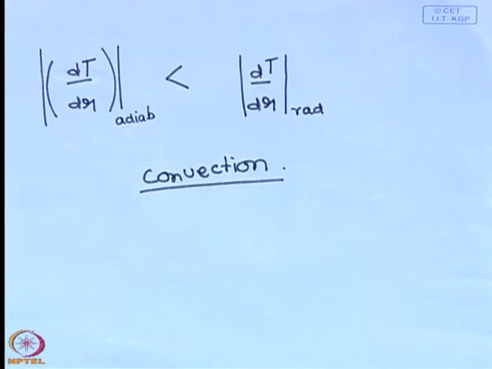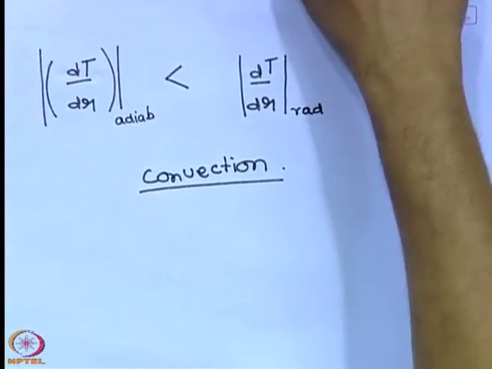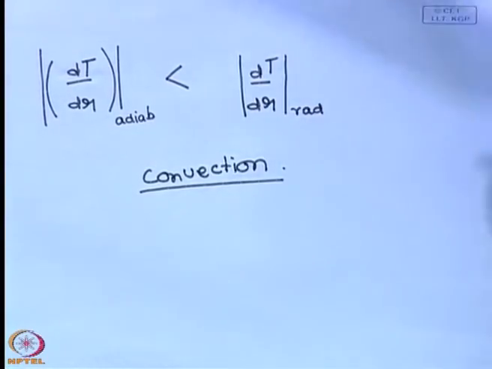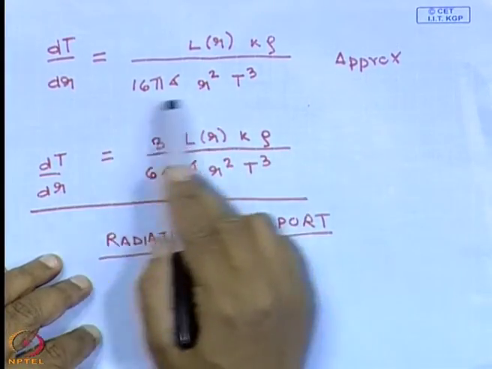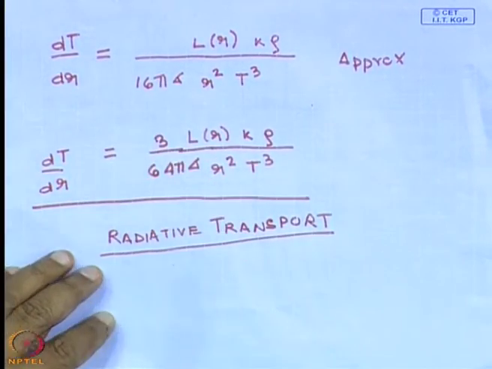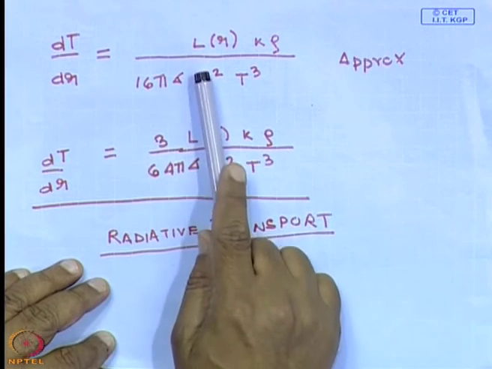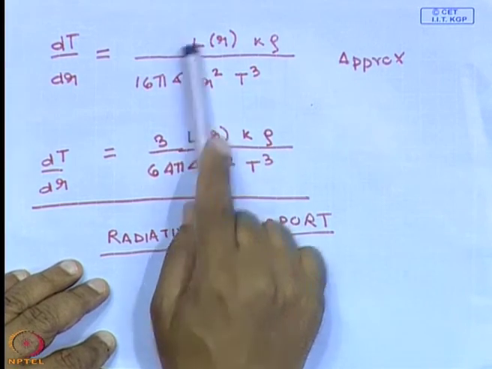Okay. Now, let me remind you that the temperature gradient due to energy transport through radiation is dependent on the luminosity at that point.